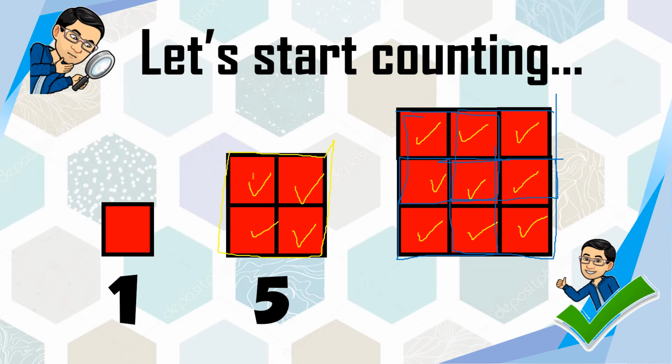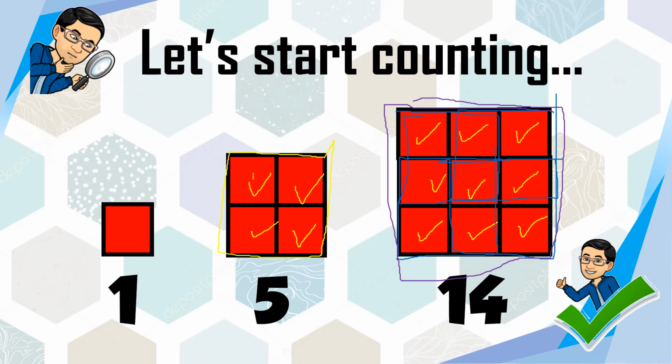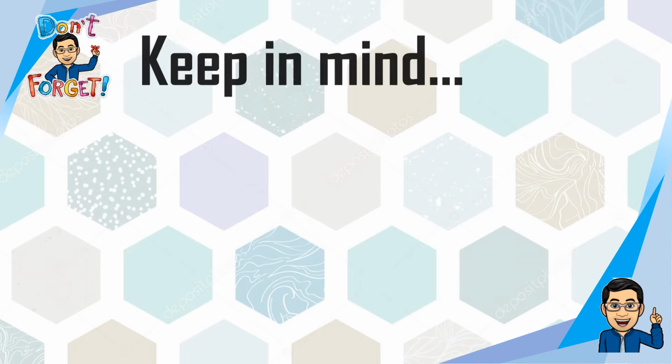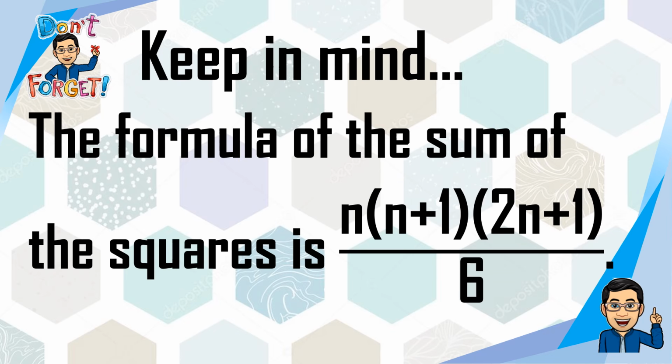So, ang 3 by 3 square ay nag-iisa lang. Ito lang mismo, itong kabuuan. So, kung i-add natin yon 9 plus 4 plus 1, ang bilang ng squares na may iba't ibang haba ay 14.